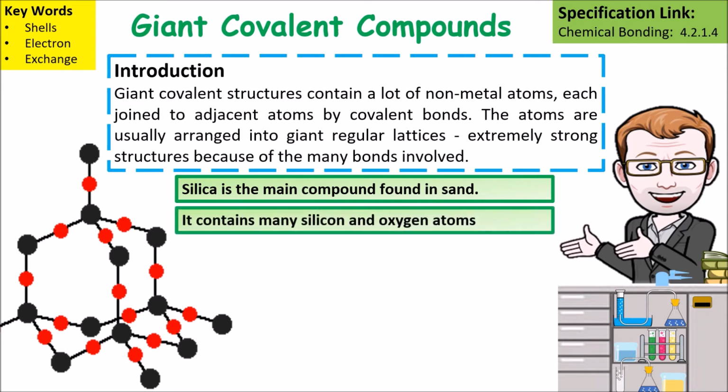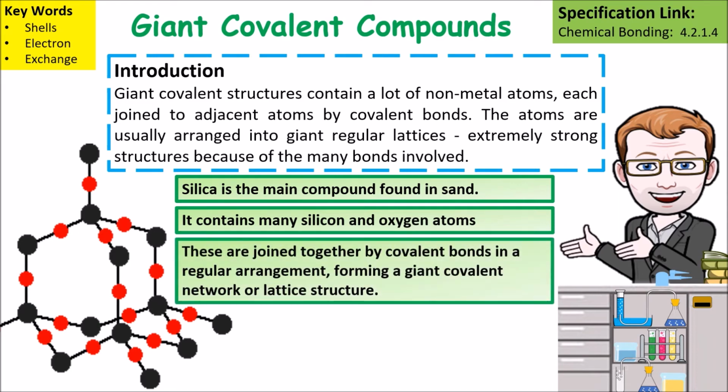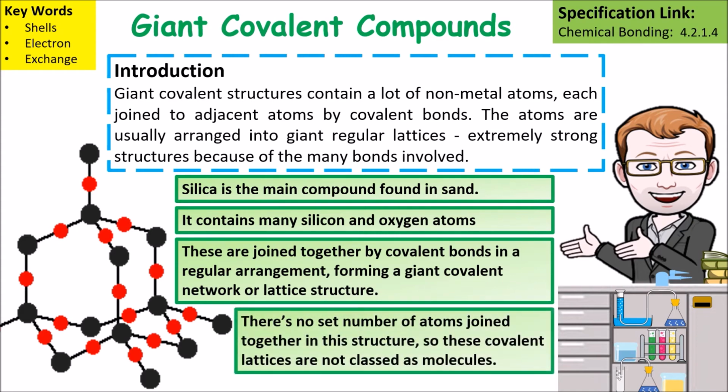It contains many silicon and oxygen atoms joined together by covalent bonds in a regular arrangement, forming a giant covalent network or lattice structure. There is no set number of atoms joined together in this structure, so these covalent lattices are not classified as molecules.